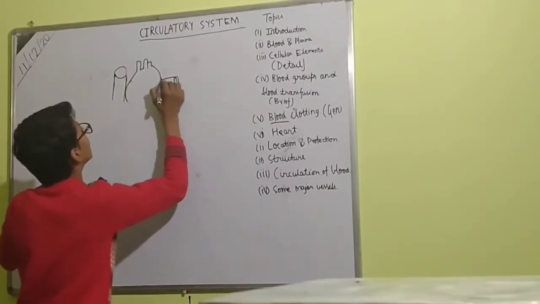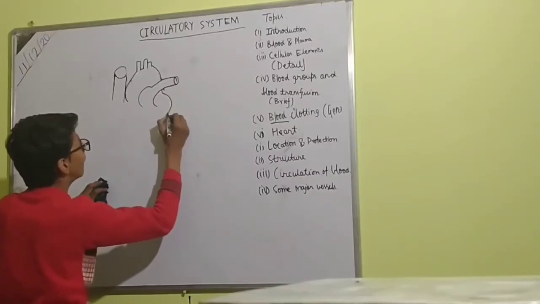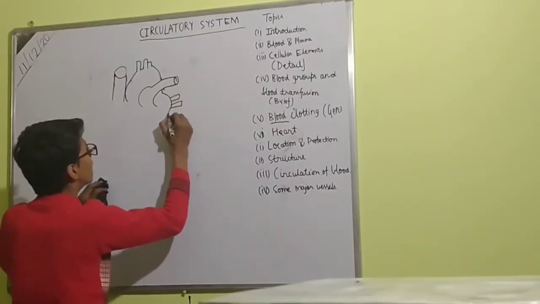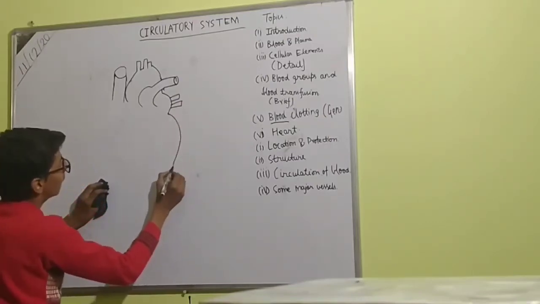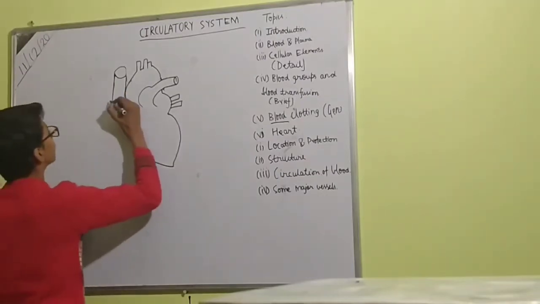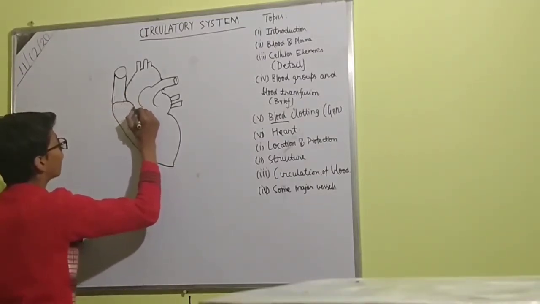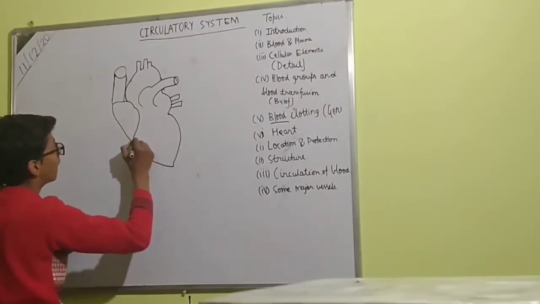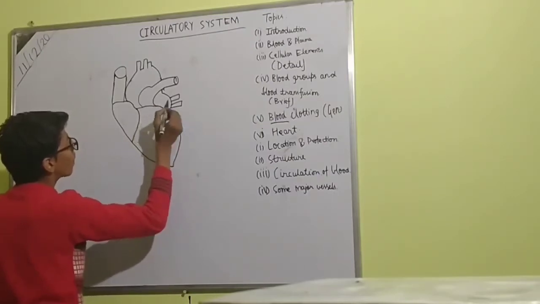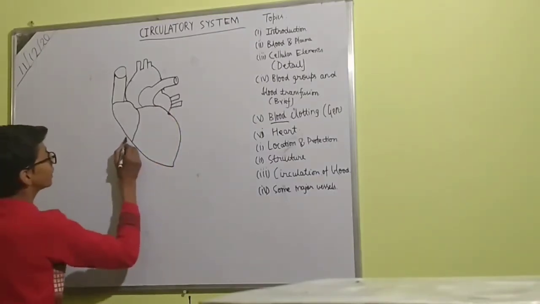We will continue it as here. And here. So this is the main outer structure of heart. We will discuss the veins and all.